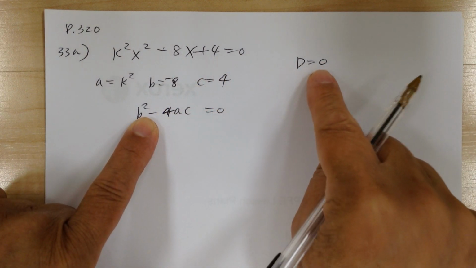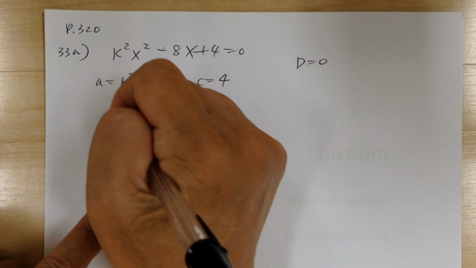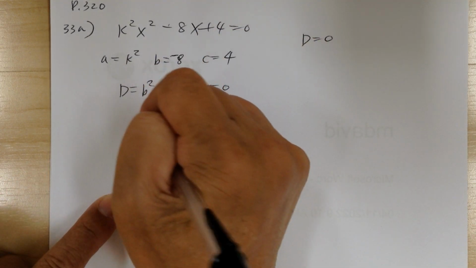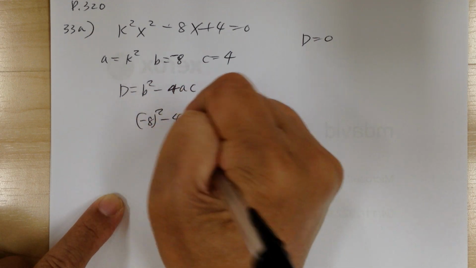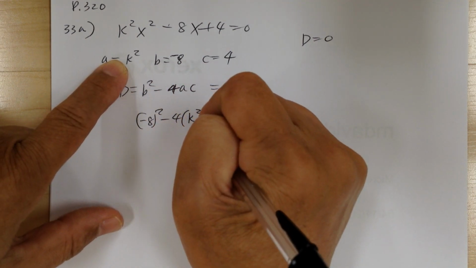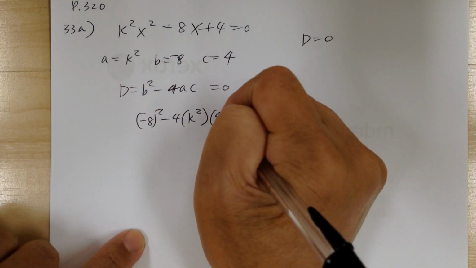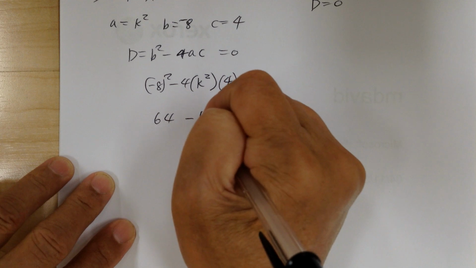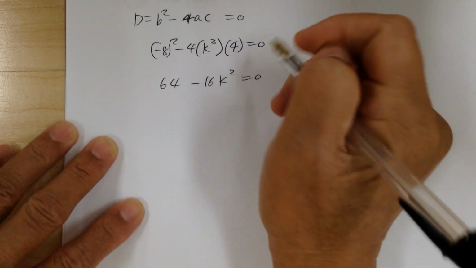Remember from here, right? So remember this is d, so d equal to that. Okay, then substitute. So you got negative 8 squared minus 4ac equal to 0. So you got 64 minus 16k squared equal to 0.